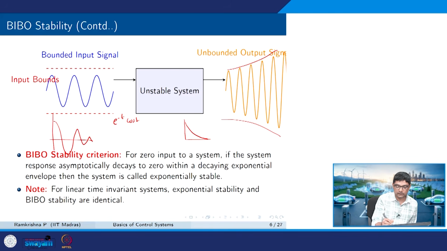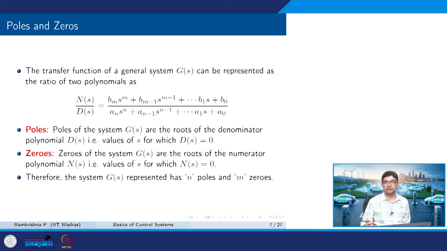The magnitude will just die down exponentially. And for a linear time invariant system, exponential stability and BIBO stability are the same. Again, we will not really worry about how we derive these expressions.